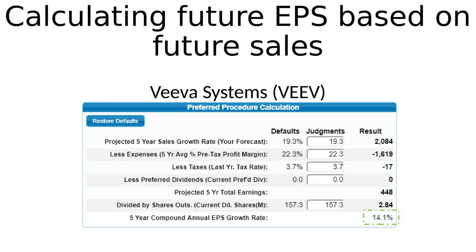Okay. Calculating future earnings per share based on future sales. So when you pop up that window, this is what it does. This is basically a rudimentary income statement. It takes your sales growth rate of, well, I said 19.3% for this stock, Viva Systems, and it calculated out the revenue, right, less the pre-tax profit, the average pre-tax profit that's shown on the first sheet, less the taxes.